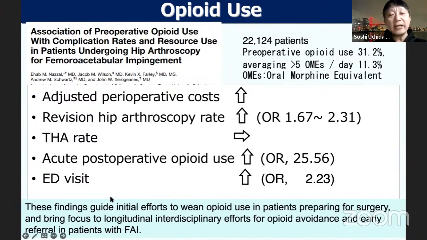So these findings guide the initial effort to minimize opioid use in patients preparing for surgery and bring forth a longitudinal interdisciplinary effort of opioid avoidance and early referral in patients with FAI.